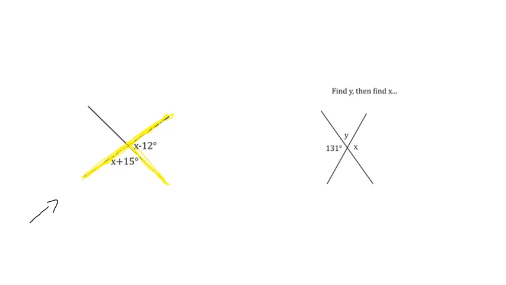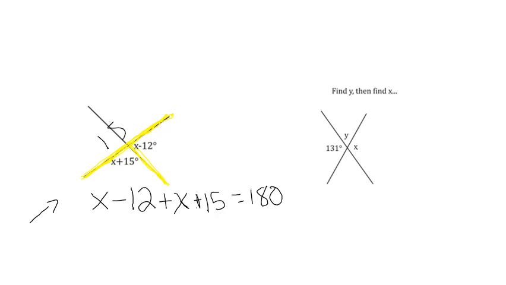They can be, but they're not all the time, like the vertical angles are. So we can say x minus 12 plus x plus 15 equals 180, because linear pairs, they lie along a straight line, so they are equal to 180.